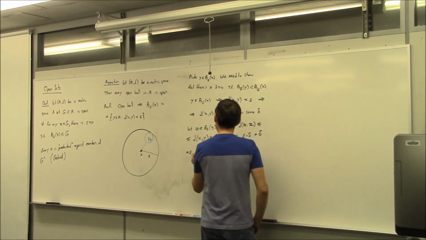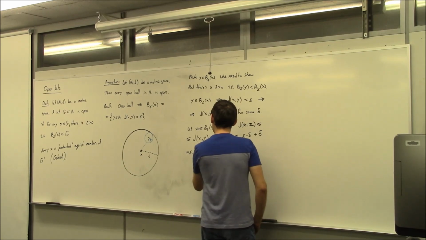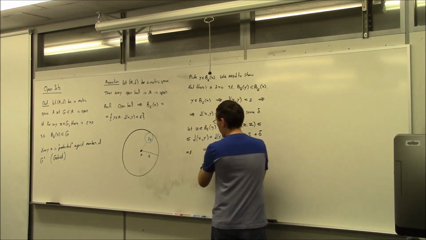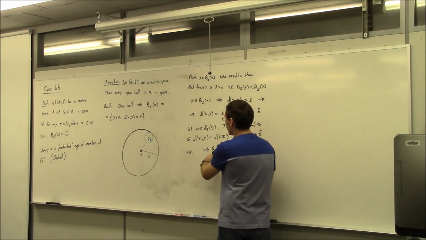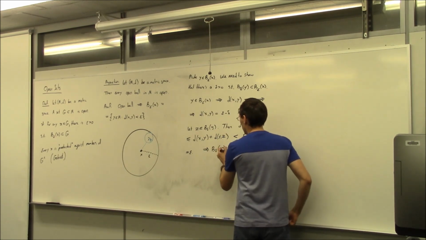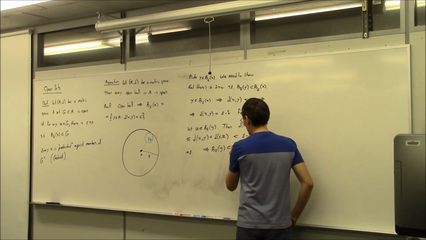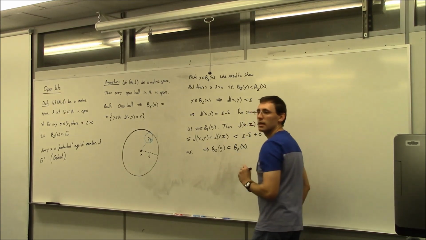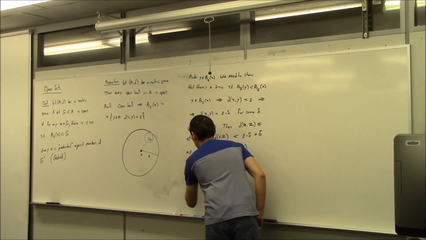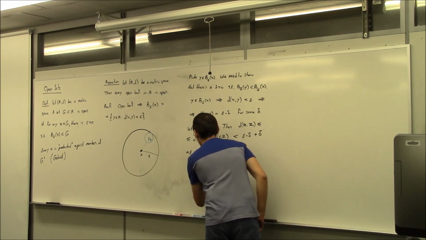So in other words, every point in the ball of radius delta around Y is a member of the big ball. That implies that the ball of radius delta around Y is a subset of the ball of radius epsilon around X. And we're done. And in fact, maybe you would like to notice that the delta we picked is simply epsilon minus the distance from X to Y.